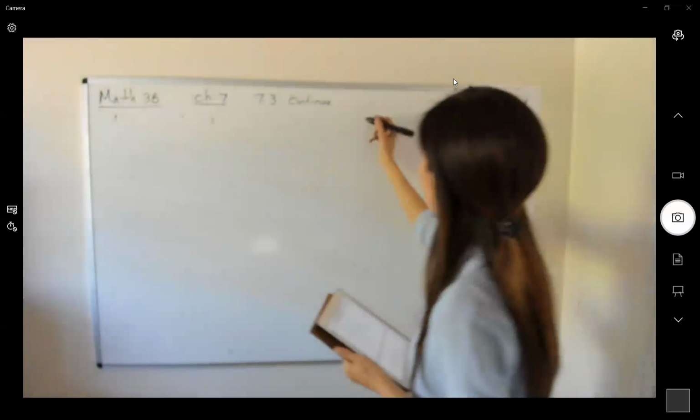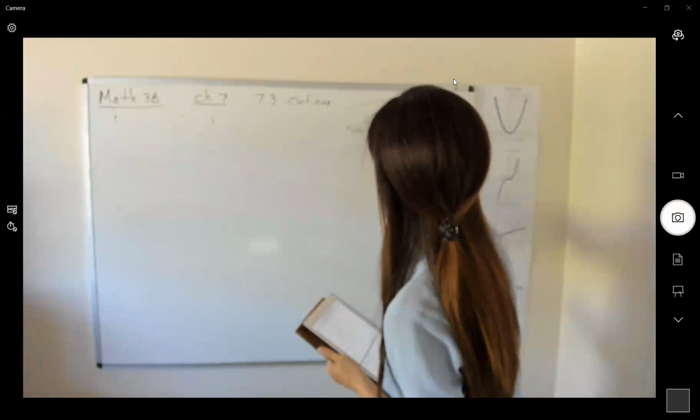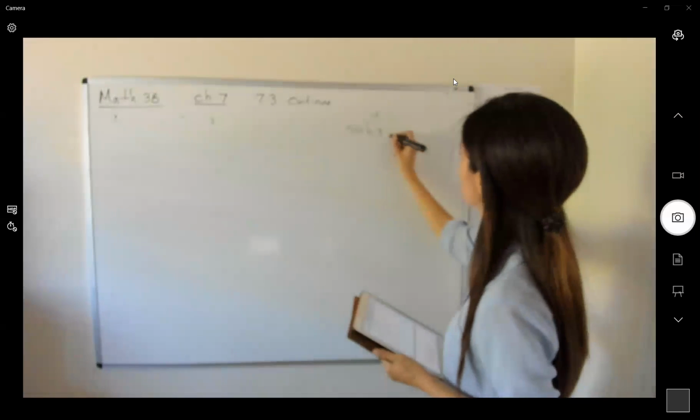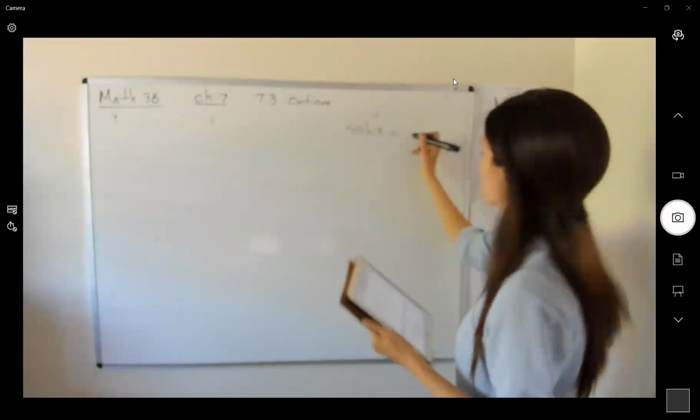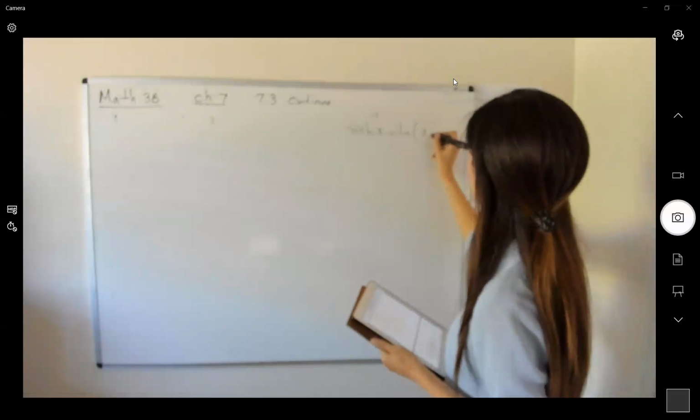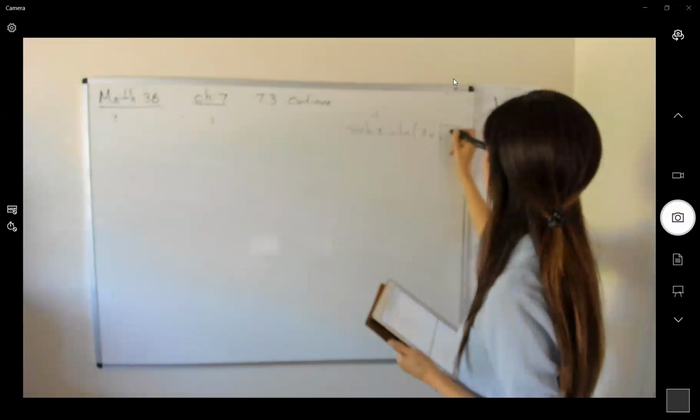So far you learned that the inverse hyperbolic sine is equal to ln of x plus square root of x squared plus 1.